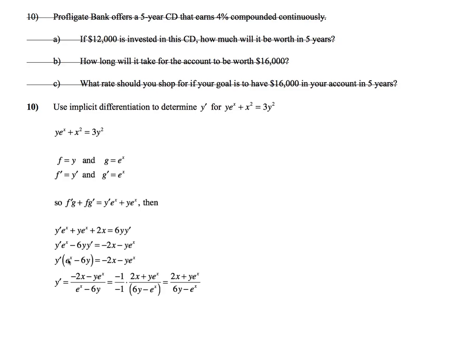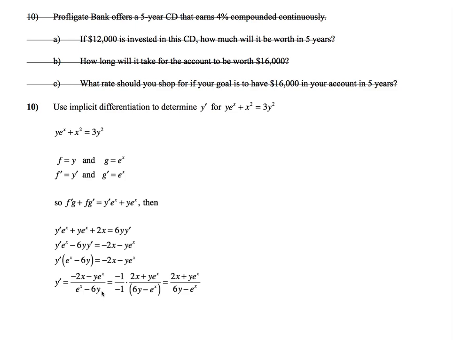So y prime times e to the x minus 6y is equal to negative 2x minus y times e to the x. And we then divide both sides of the equation by e to the x minus 6y. So that gives us this fraction, which is our y prime, negative 2x minus y times e to the x in the numerator, divided by e to the x minus 6y in the denominator.